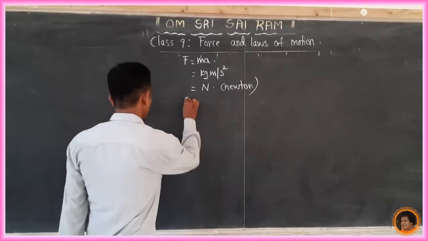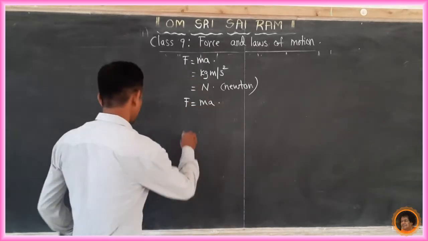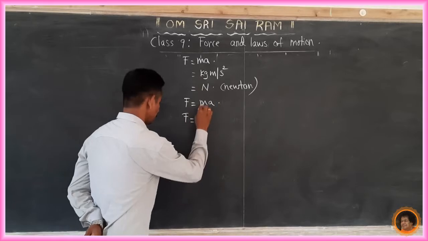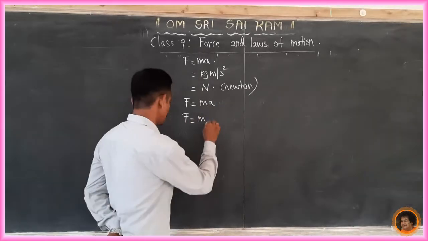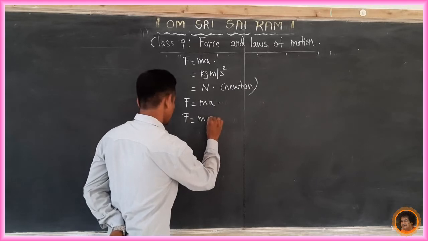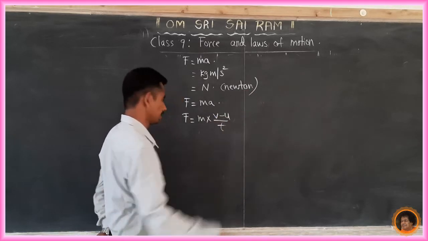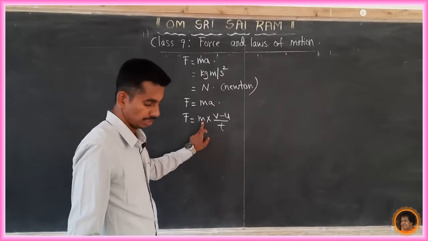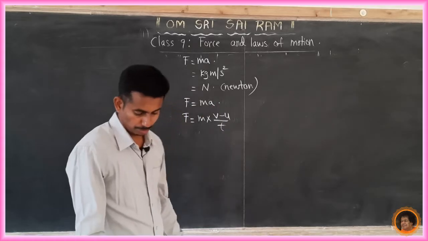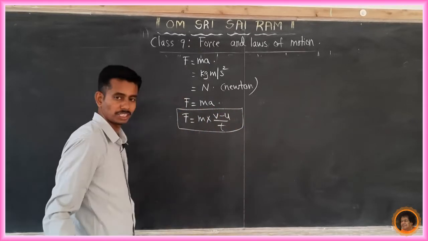Next is F equal to ma. What is a? A means acceleration. What is the formula for acceleration? V minus u by t equal to a. So, F equal to m into v minus u by t. It is also a formula to find the force.